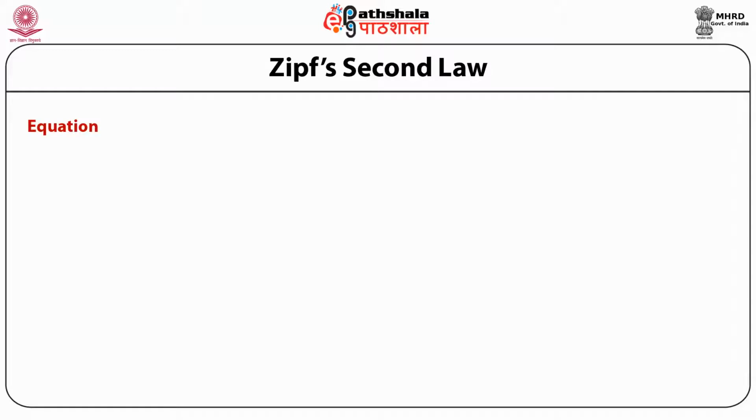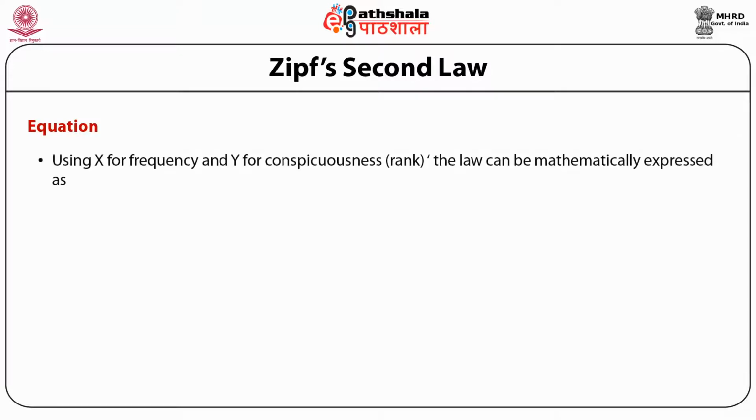In this case, X stands for frequency, Y stands for conspicuousness, that is rank, and the law is mathematically expressed as Y versus 1 by X. That is, XY is equal to N, where N is a constant.